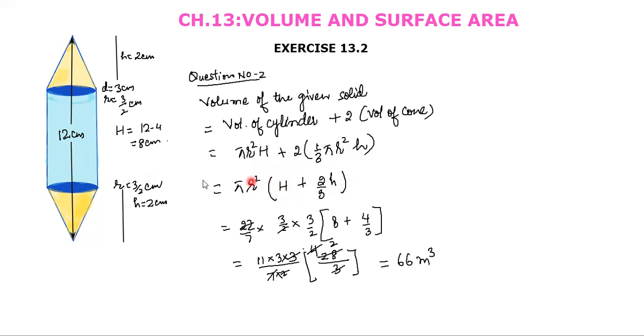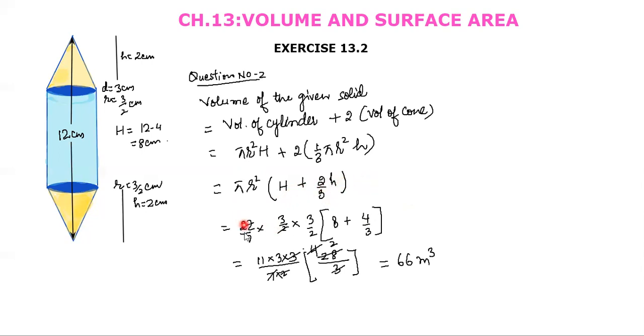Here h is the height of the cylinder, and here h is the height of the cone. When both the heights are different, different symbols should be used to distinguish that the heights are different.